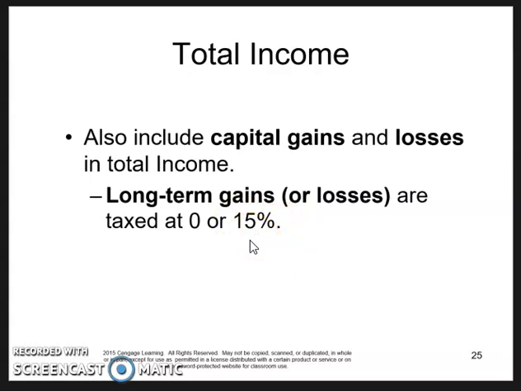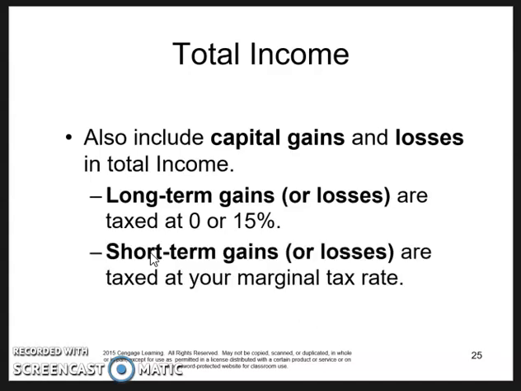The lower income pays below a certain level, I think it's $44,000, I could be off, but it paid no capital gains, and then most people pay 15%. And people that make, I want to say it was like $444,000 or something like that, would pay 20%. Short-term gains are on investments held less than 1 year and would be just taxed at your marginal tax rate. For a long-term capital gain, you have to hold that investment at least 1 year.